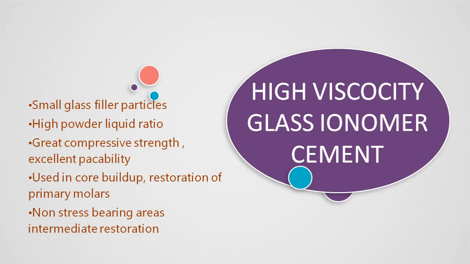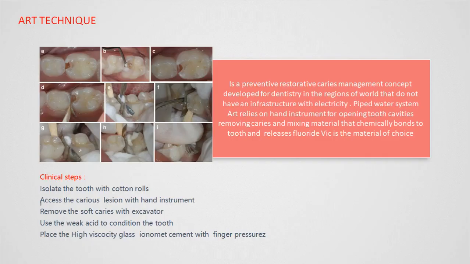Now, one of the main uses of the high viscosity glass ionomer cements is in atraumatic restorative treatment. In this technique, it is a preventive modality in underdeveloped countries where the electricity and the irrigation facility or pipeline facility is not good.